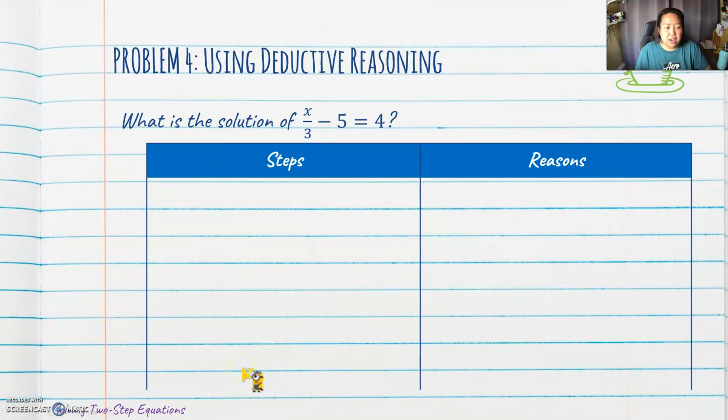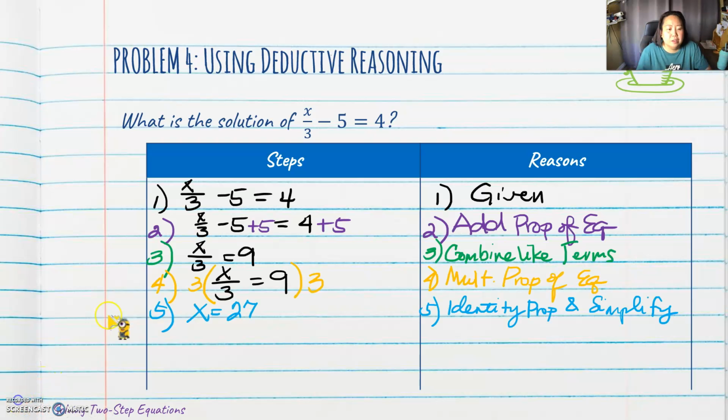So let's try, okay? I would like you to try this next example on your own. We have x divided by 3 minus 5 is equal to 4. Go ahead, try it out on your own. If you have done the work, you should be able to enlist the addition property of equality when you add your 5.